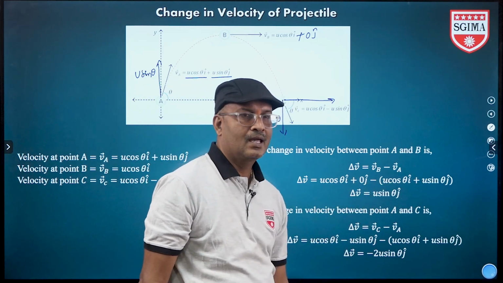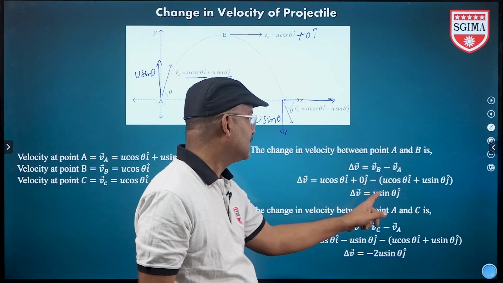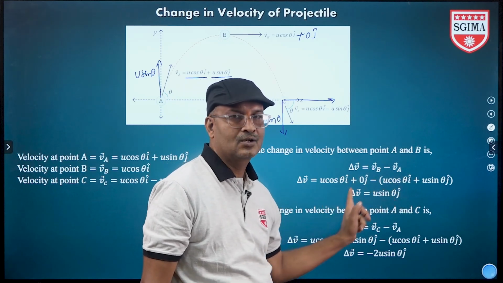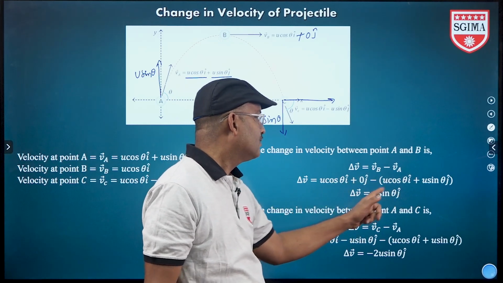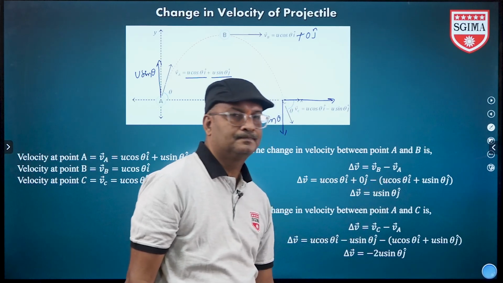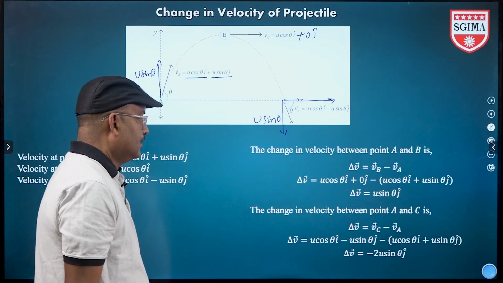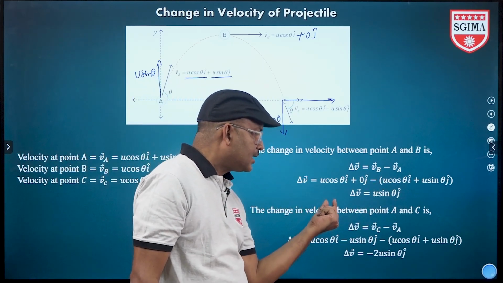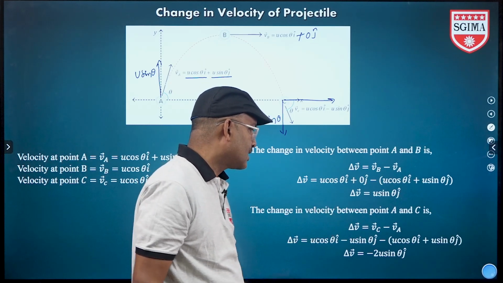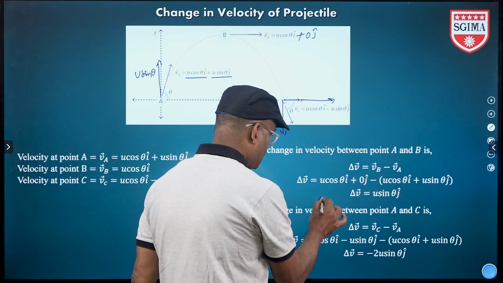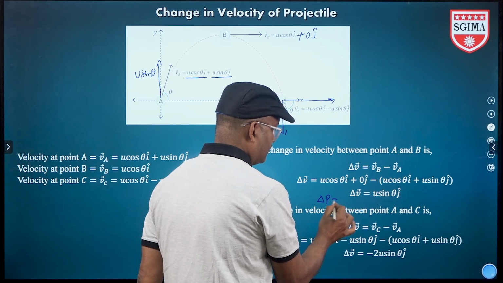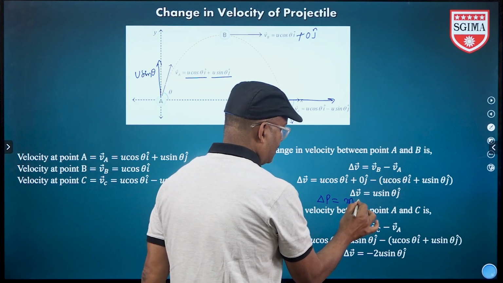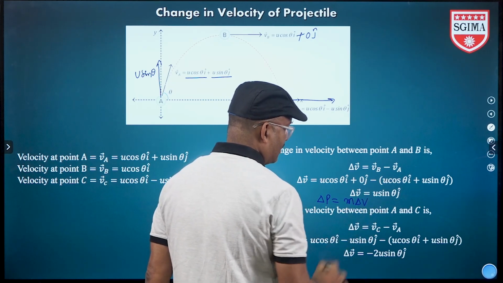The u cos theta i cancels, and you will get minus u sin theta j. Suppose they are asking the change in the momentum, from Newton's laws of motion. How can you find the change in the momentum? That is mass of the body into delta v.